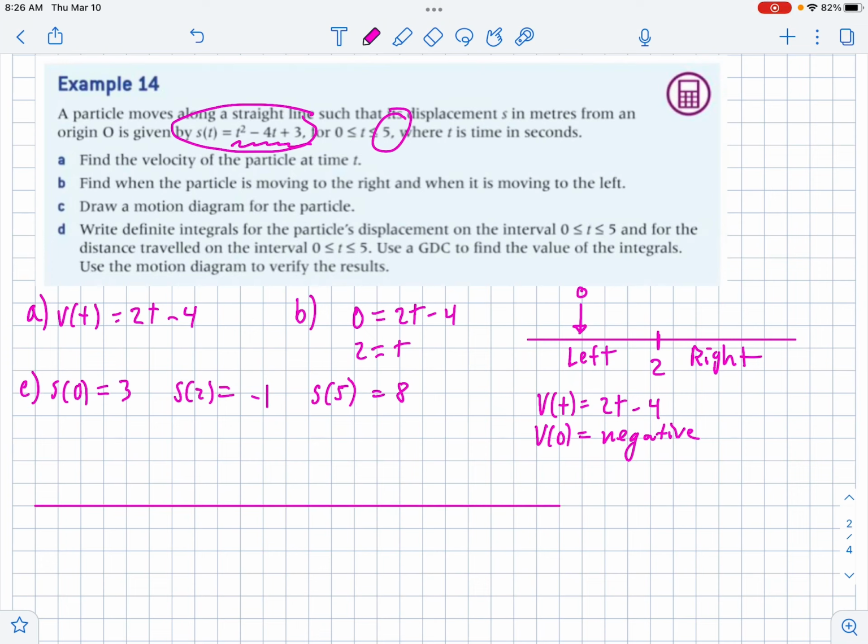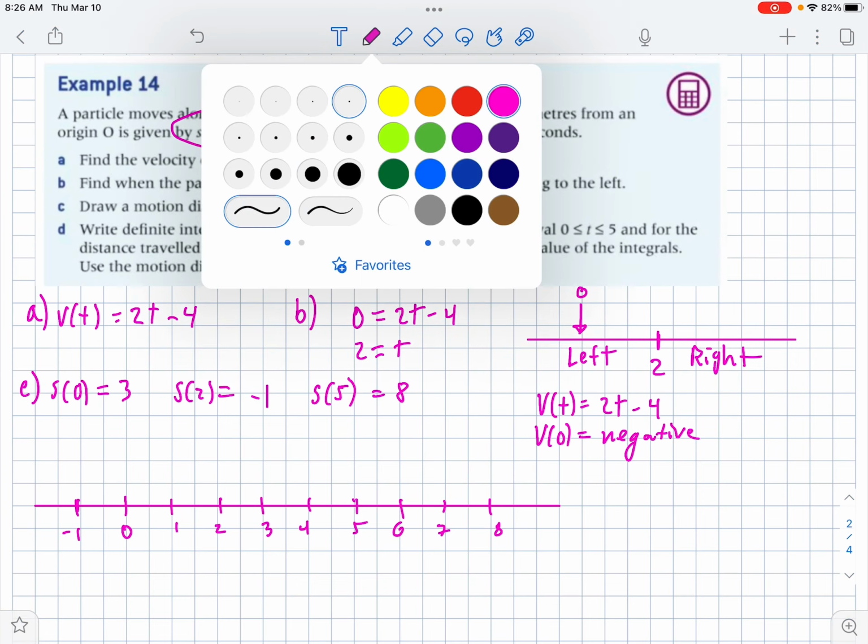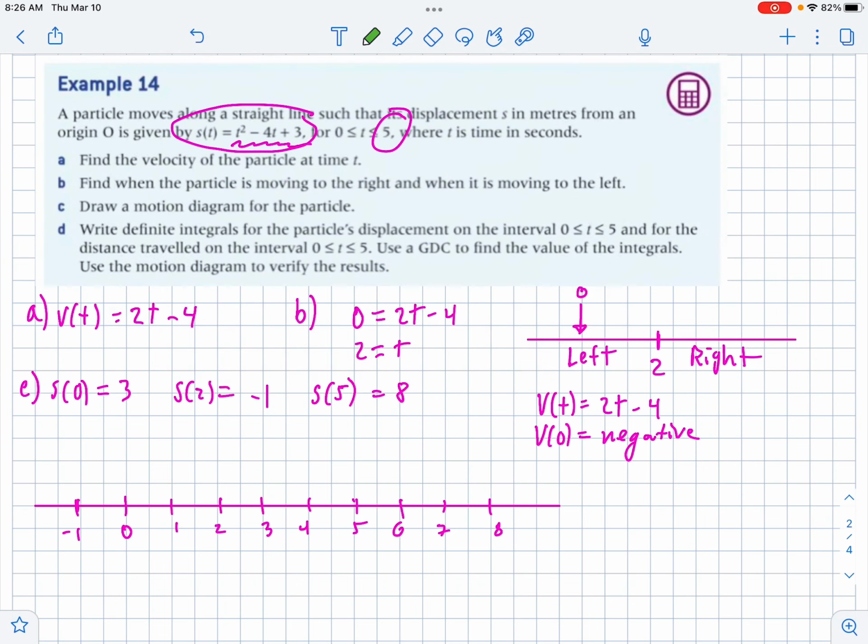So if I draw a motion diagram, we'll make 0 right here, then I have to get all the way up to 8. 1, 2, 3, 4, 5, 6, 7, 8. And I do need -1 on there.